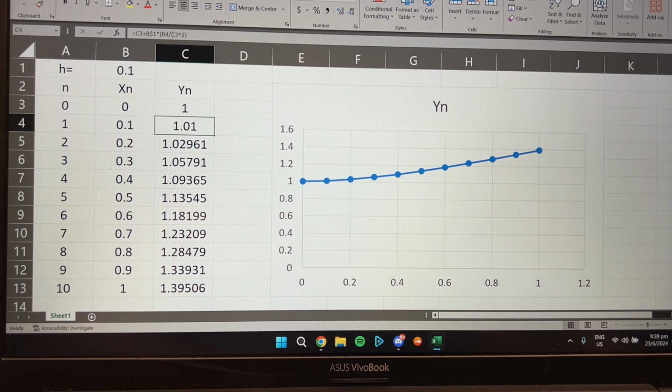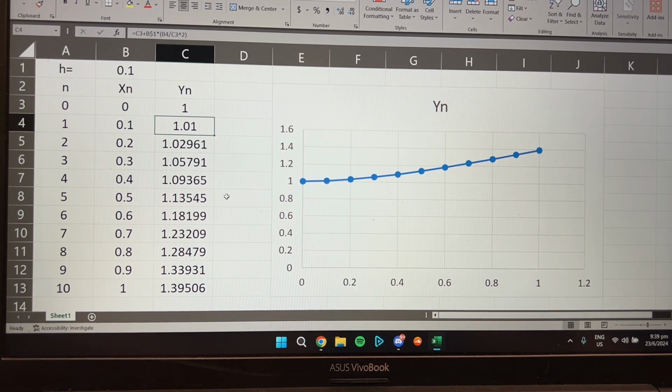For the y side, it's much more complex because we take the previous value of y plus our step size times x over y squared, which is 0.1 times x over the previous y squared.